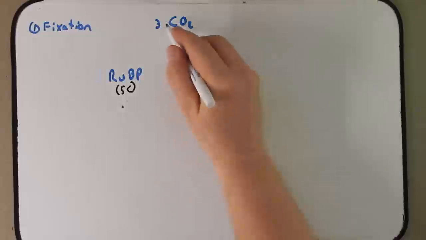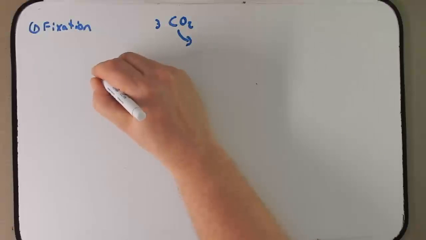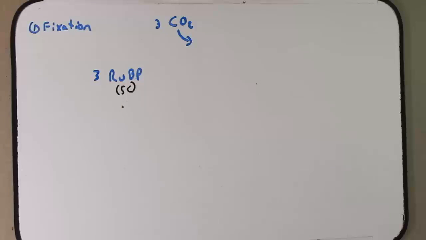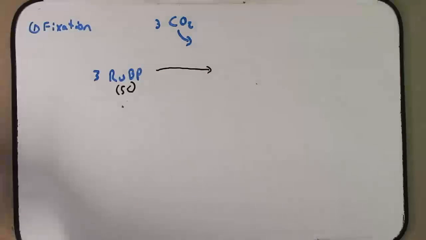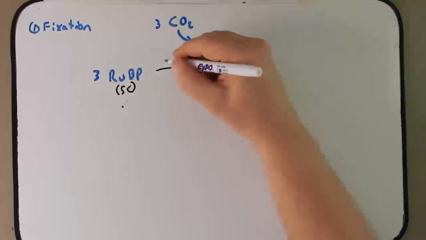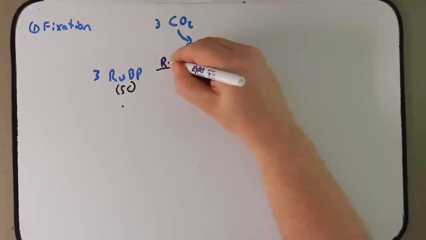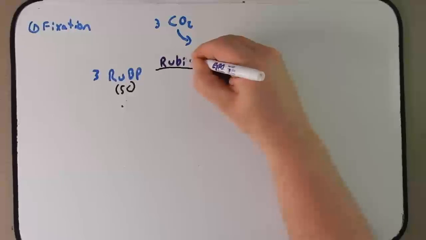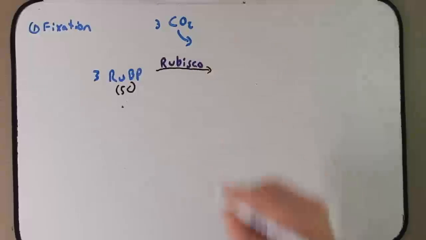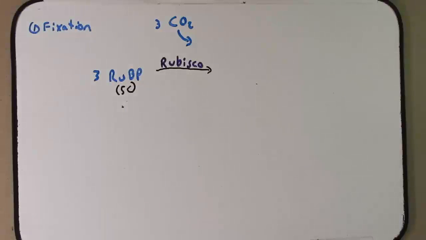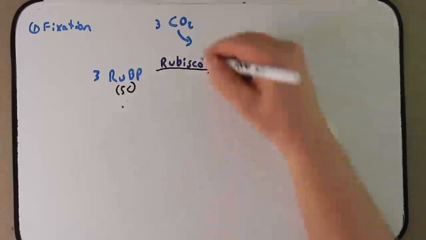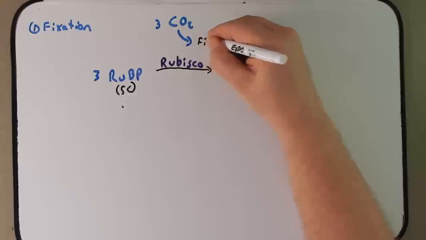And we're going to be adding a carbon to each of them, so we're going to have 3 RuBPs. Using this enzyme called Rubisco, and you need to know this enzyme. This is in my top 3 favorite enzymes. And we'll talk a little bit more about Rubisco in a moment. But it's going to use Rubisco to attach these carbons to these RuBP molecules. Or what we say, it's going to fix it to it.